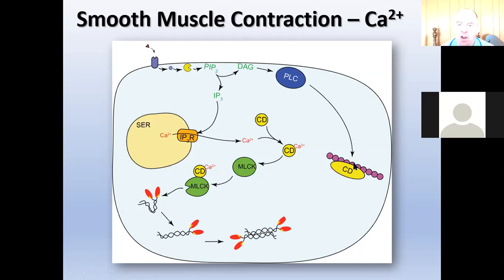These purple things are actins of the thin filament. So diacylglycerol activates protein kinase C. Protein kinase C then phosphorylates caldesmon. Caldesmon comes off, and now you get actin-myosin interaction and contraction.